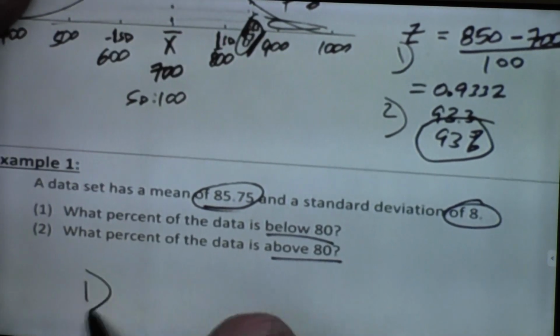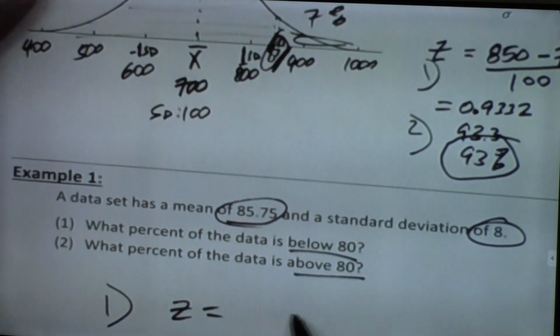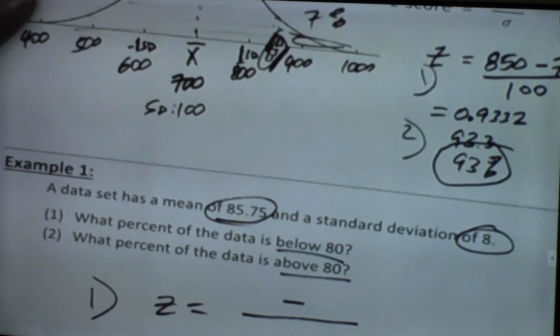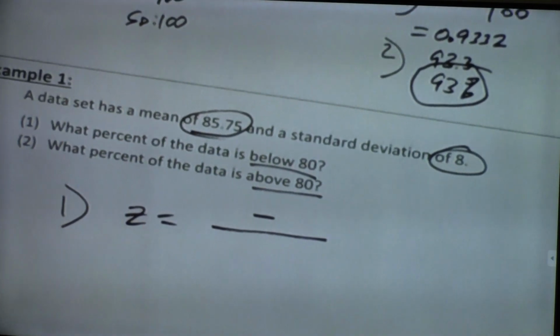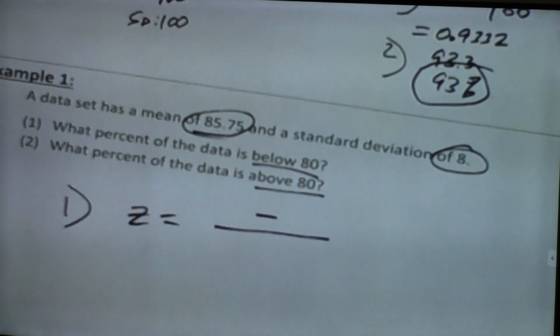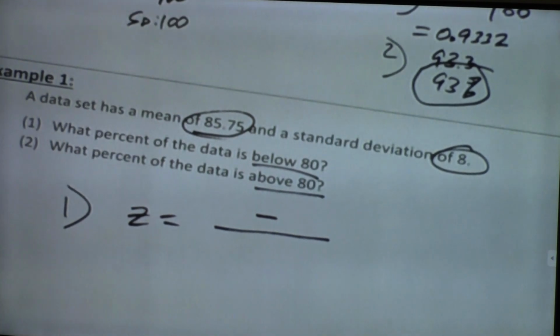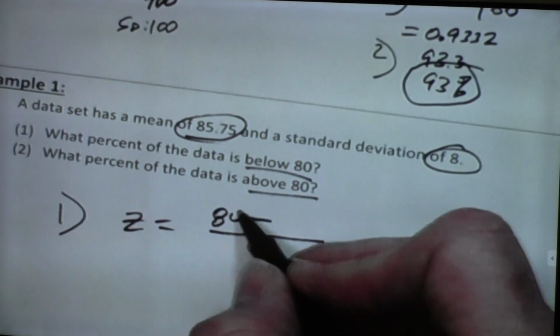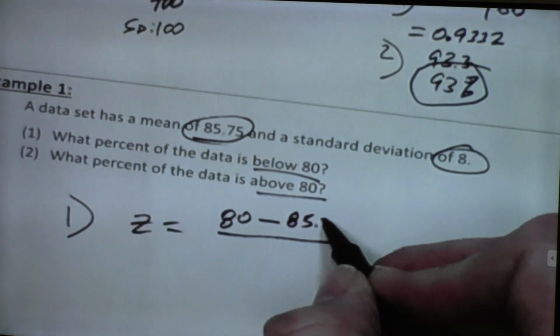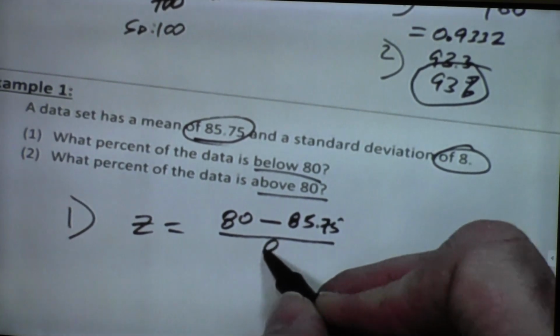So let's do it. First one, z is equal to, go ahead and set that up yourself. Put in the number that we're looking for. Okay. Put in the mean, and then put in the standard deviation. And then use a calculator and divide it.